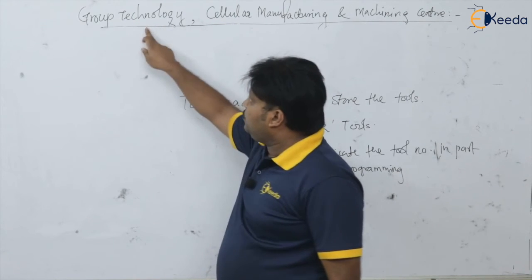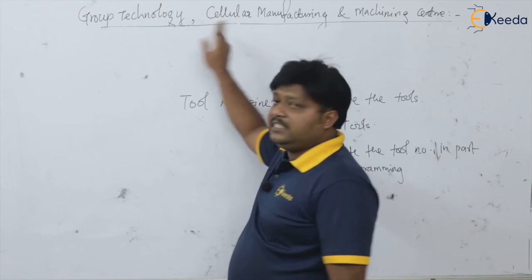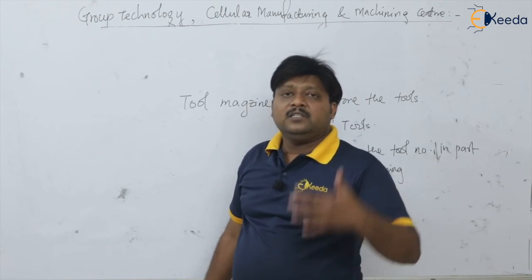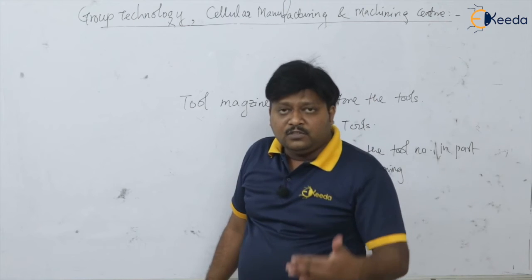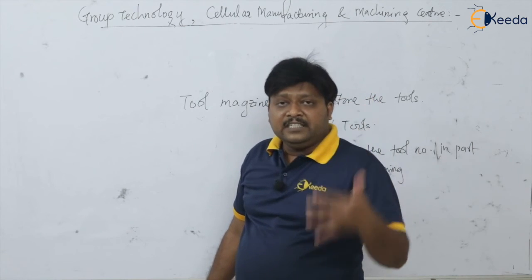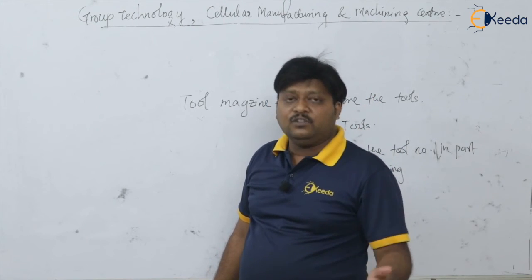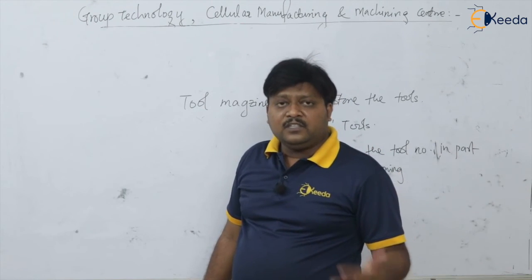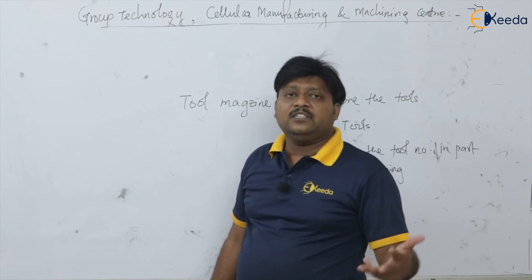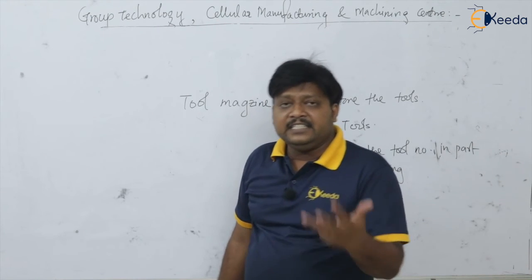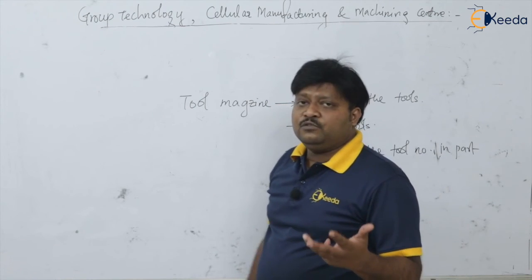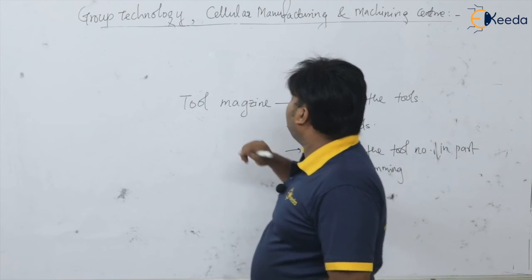Generally the objectives or the benefits of group technology and cellular manufacturing are same: to reduce the manufacturing lead time, to reduce the work in process inventory, to increase productivity, of course, to increase the quality of work, to increase the satisfaction of the workers working in this group technology set. So these are simple objectives of this group technology and cellular manufacturing.